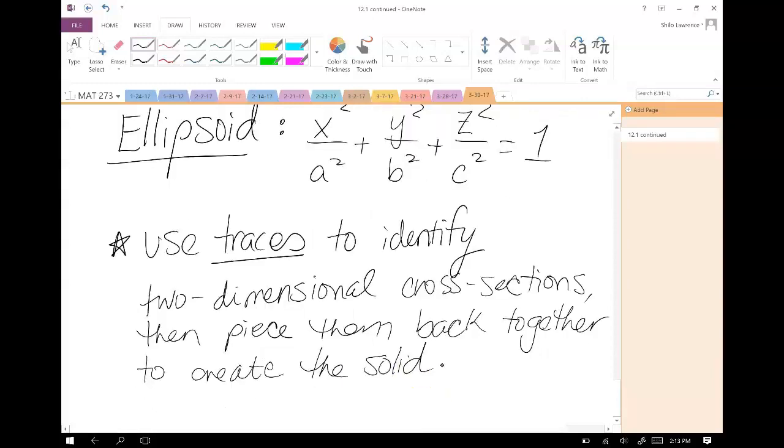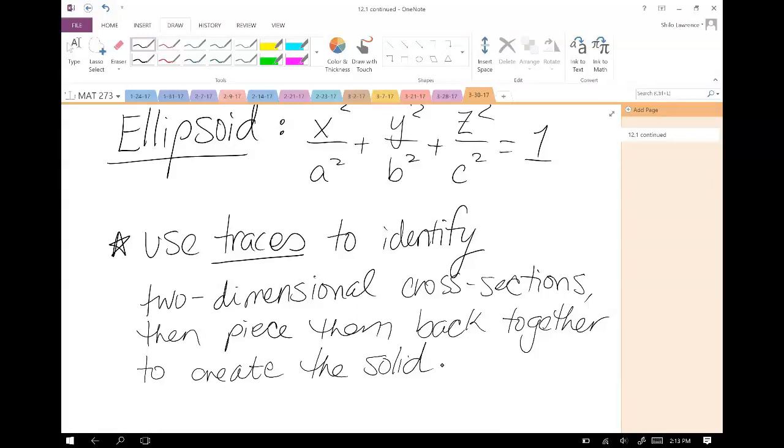The easiest way to do a trace is to just let one of your variables equal 0. There are some cases where you can't do that, and we will come across that today, and I'll show you why and what we would do in those cases. But the easiest way to do it is just let one of your variables equal 0.